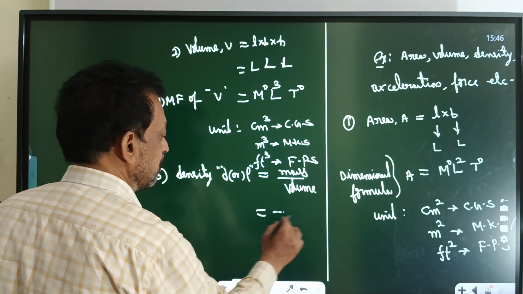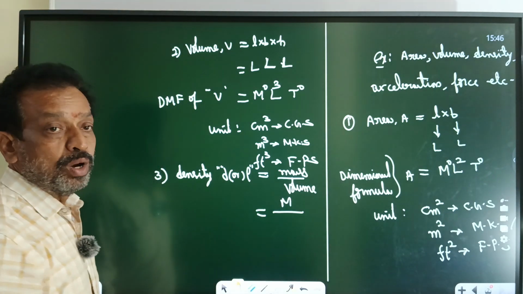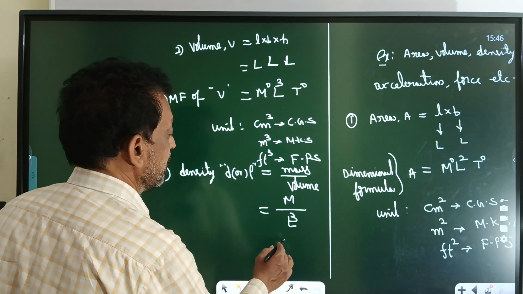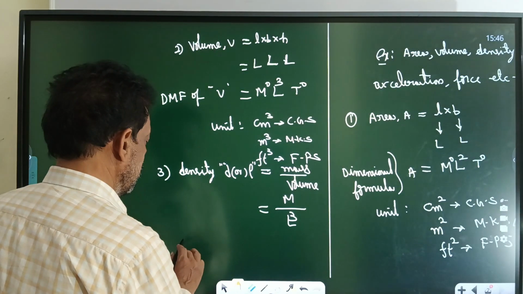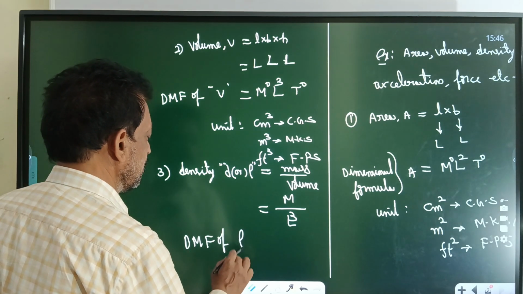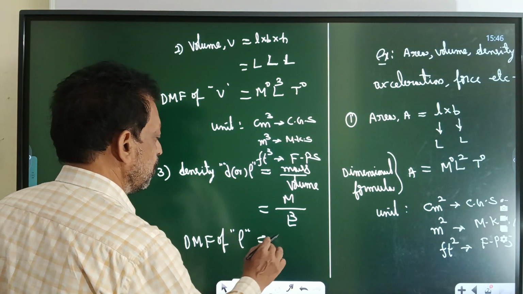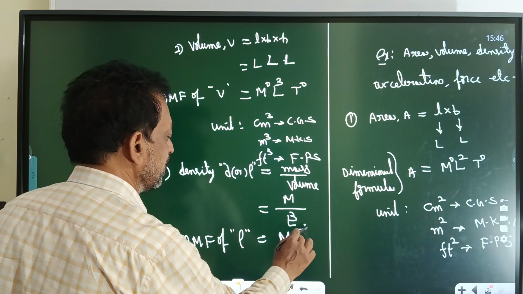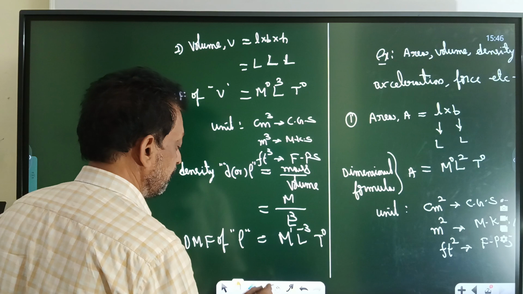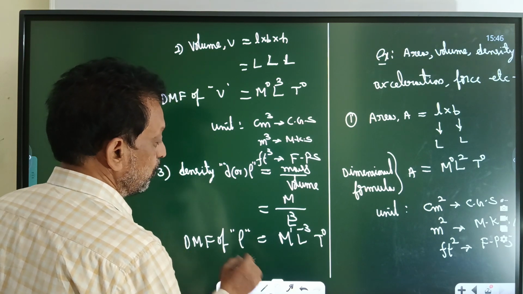So mass is M, volume is L cube. So now we can write the DMF of density rho is equal to M L to the power of minus 3. Unit time is zero. Mass power is 1.